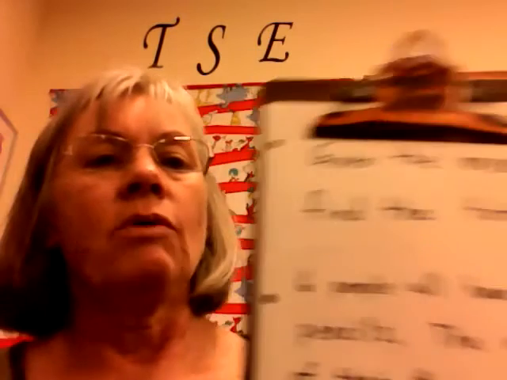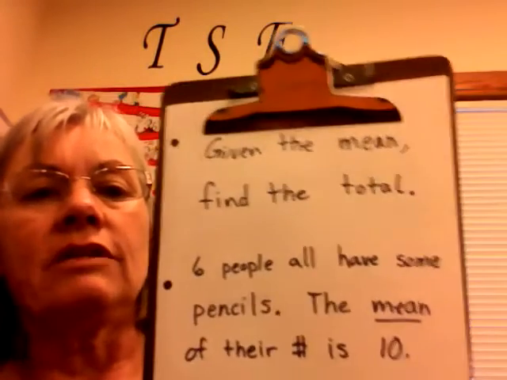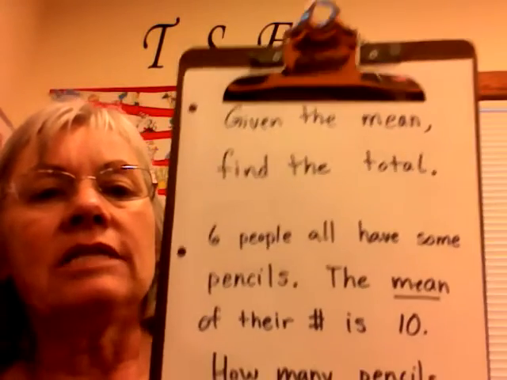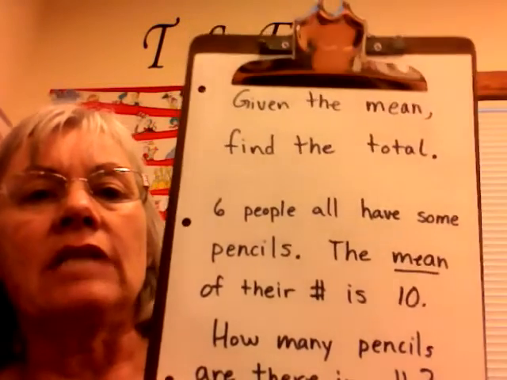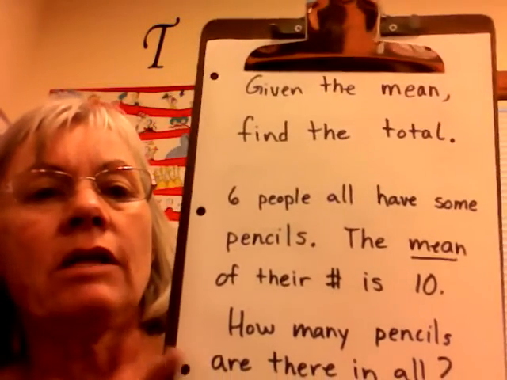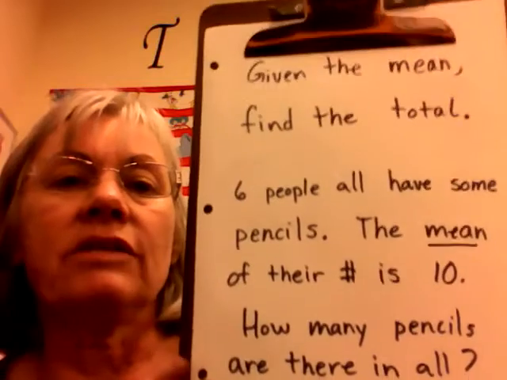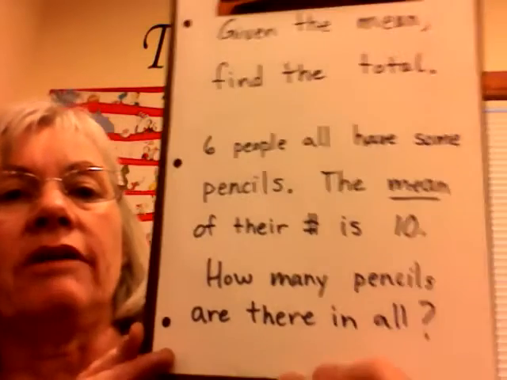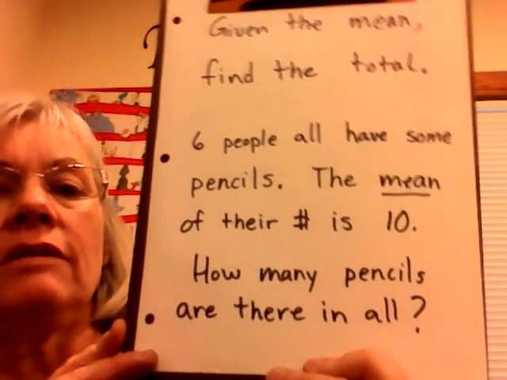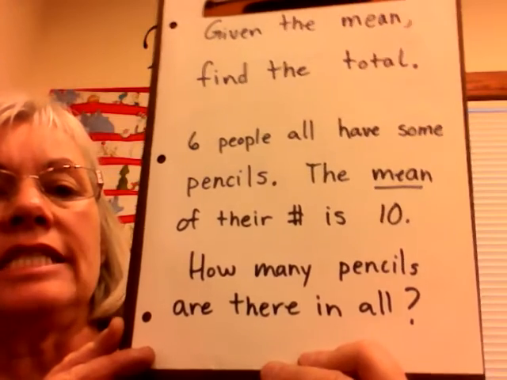Now, here's something a little more interesting. If you know what the mean is, what can you do to find the total amount? Let's imagine that we're using pencils in the classroom, and 6 people all have some amount of pencils. They all are different. Maybe there are some the same, but we don't know what they all are. But we know that the mean of their amount is 10.